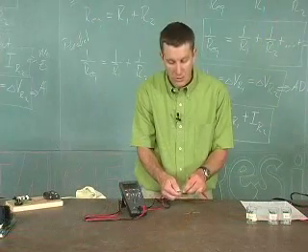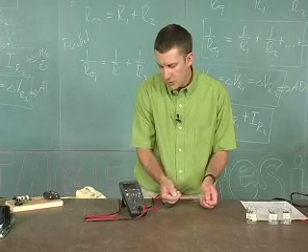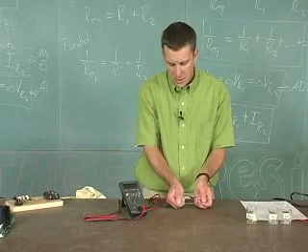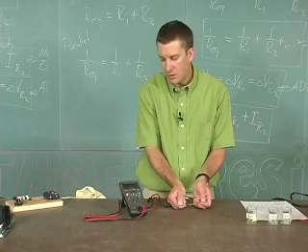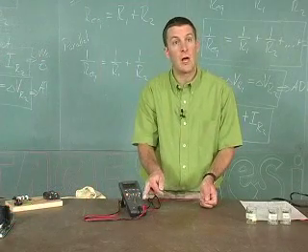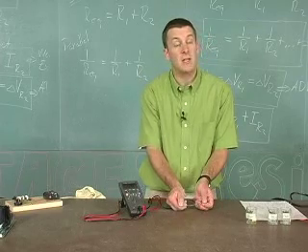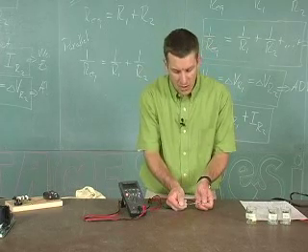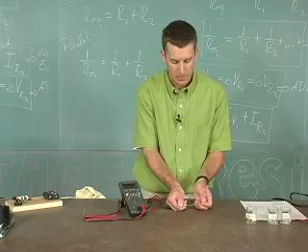So if we add those two together, you should get 147 times 2, which would be 294 ohms. So if we touch these two together, you can see that we end up right close to 294 ohms. So in series, this is how you utilize the device called a multimeter when measuring resistances. And in series, this means that the current that passes through one resistor must pass through the other one.